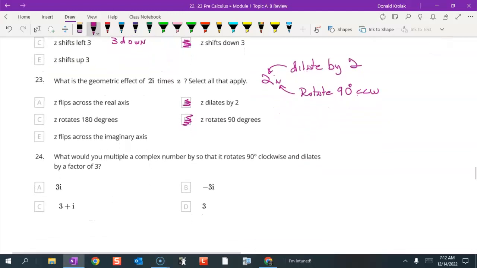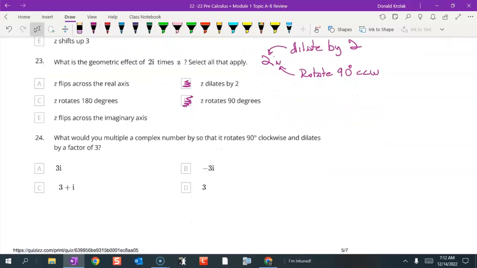All right. What would you multiply a complex number by so it rotates 90 degrees clockwise and dilates by a factor of 3? All right. So here's the key here. This is clockwise.